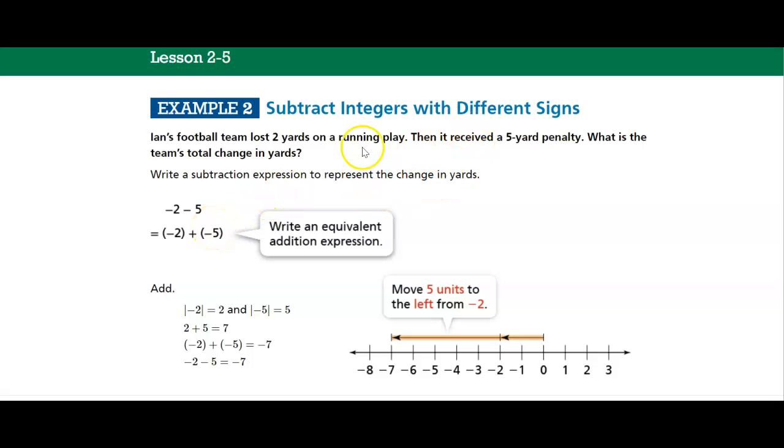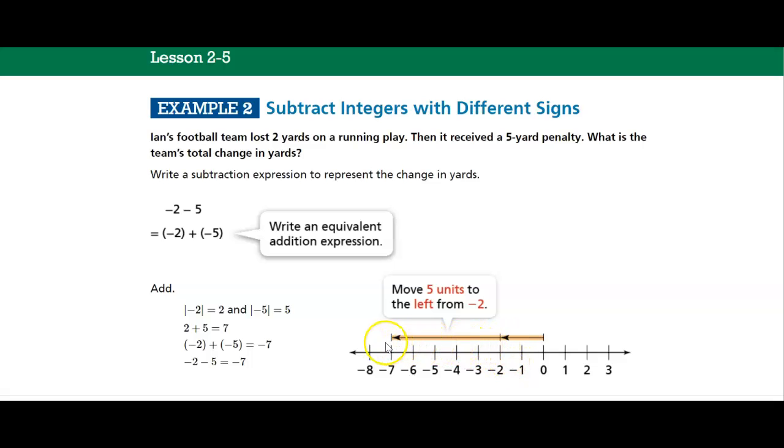So we need to write an equivalent addition expression. What you see in the example here is they have written -2 plus -5 because we're adding the two losses of yards that Ian's football team had. On the number line, you show 0 to -2 to represent the -2 yards. And then from -2, you add 5 more units to add those other 5 yards they lost.